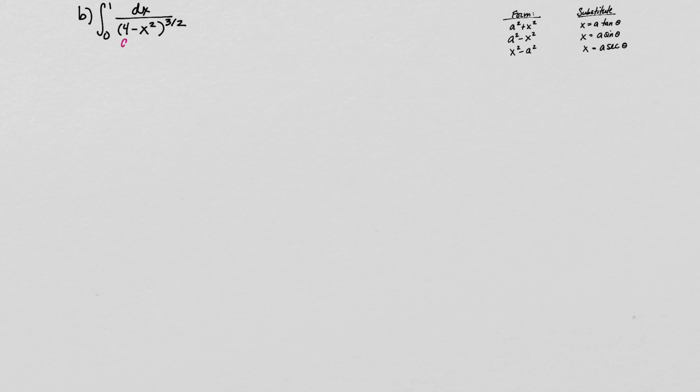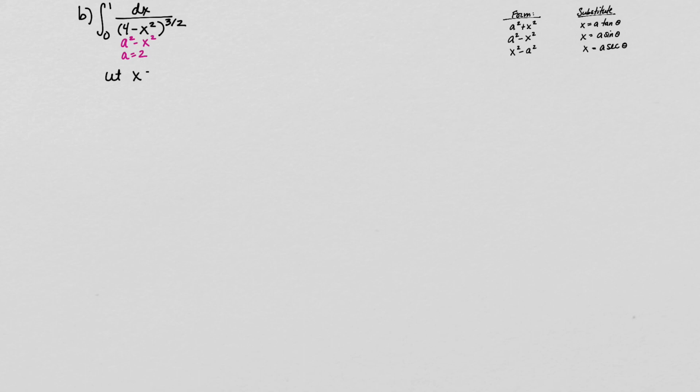Remember, this is matching up with a squared minus x squared. So it's not that a is 4, a is 2, because you want a squared to end up being 4. So in this case, a is 2, so we can even write that down here to remind ourselves. A is 2.